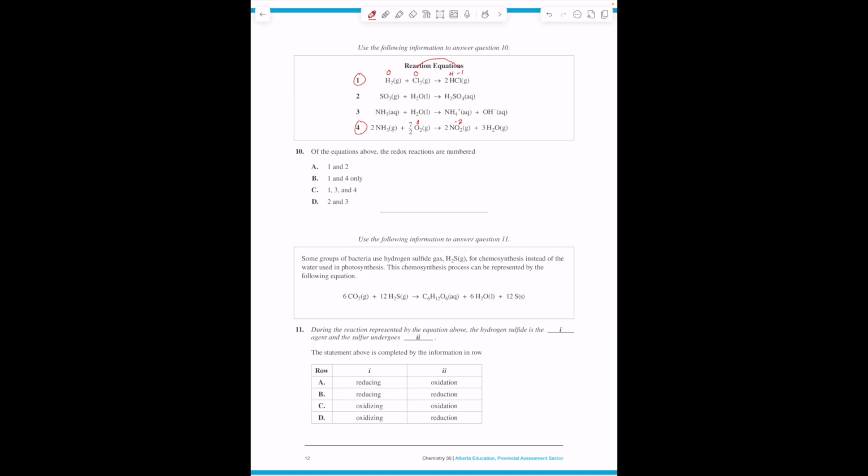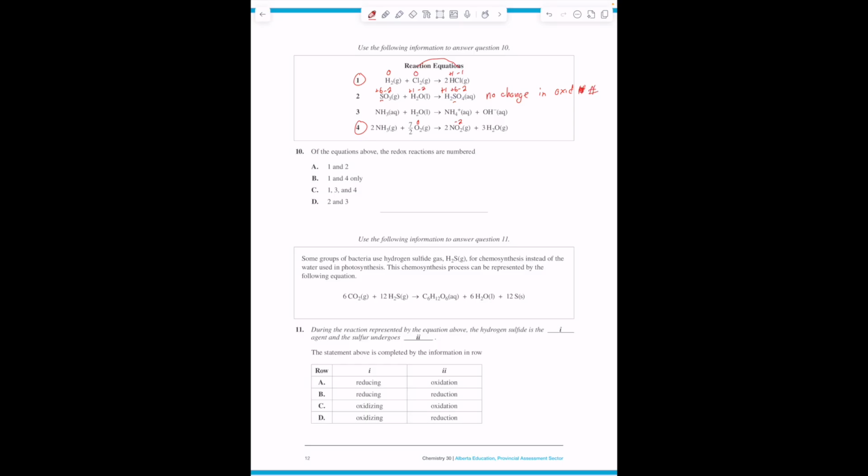2 and 3 I don't know, so now I have to assign oxidation numbers. -2, that's -6, so that's +6. -2 +1. -2 +1. +6. So the sulfur did not change, the H, the O, so there's no change in oxidation number.